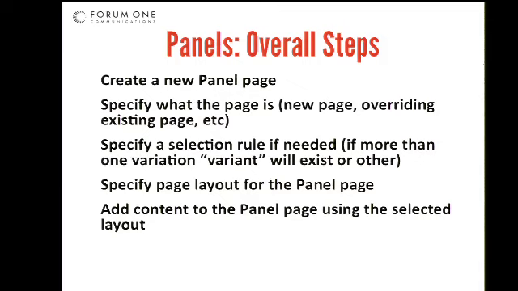Then you specify a selection rule, and this is for if you're creating more than one variation, or what are called variants. From there you specify the page layout for the panel page. There are all these layouts that you can create that define the way an actual panel page or a panel region is going to look. And then you can add content to that panel layout that you have selected.